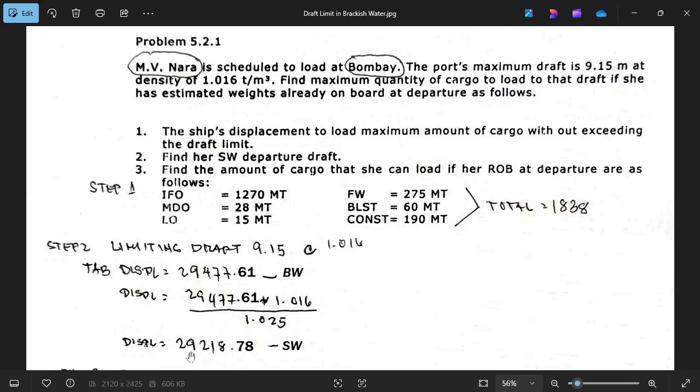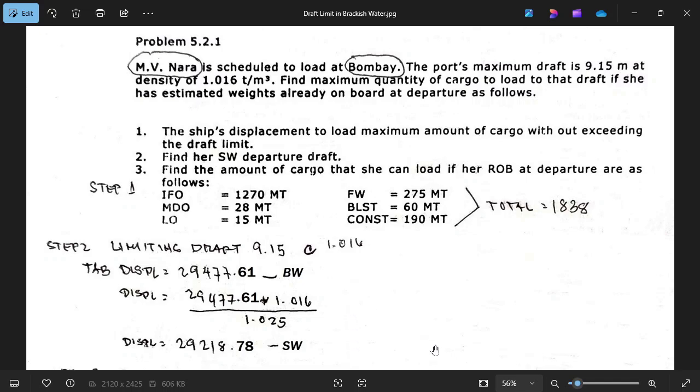This displacement multiplied by 1.016 over 1.025 is 29218.78. That will be in salt water. Now take note, guys. The displacement in brackish water is 29477, while in salt water is 29218.78.